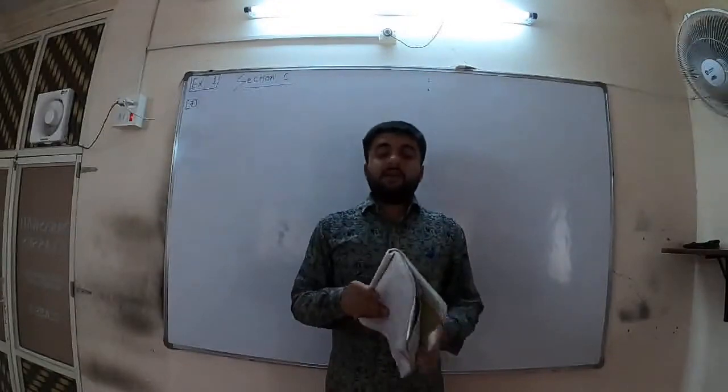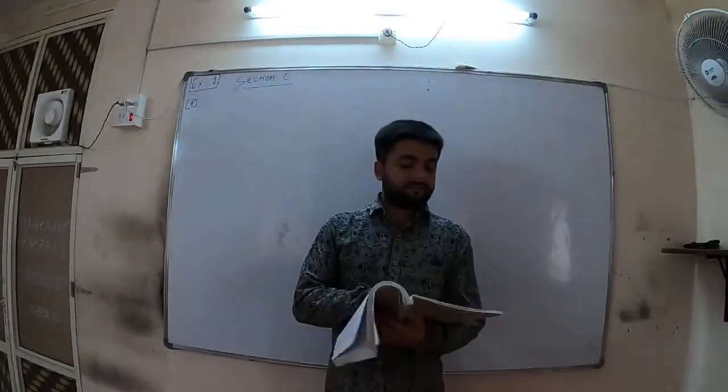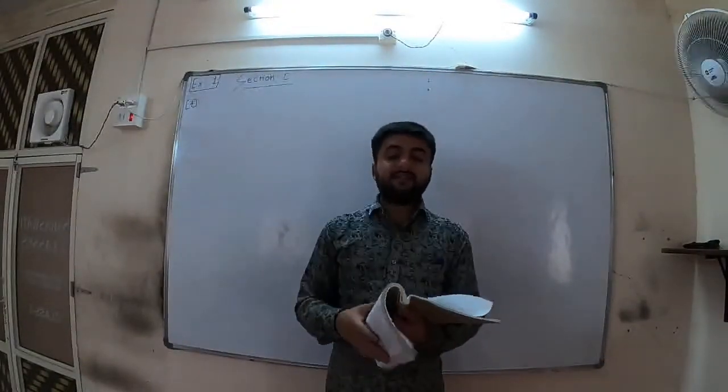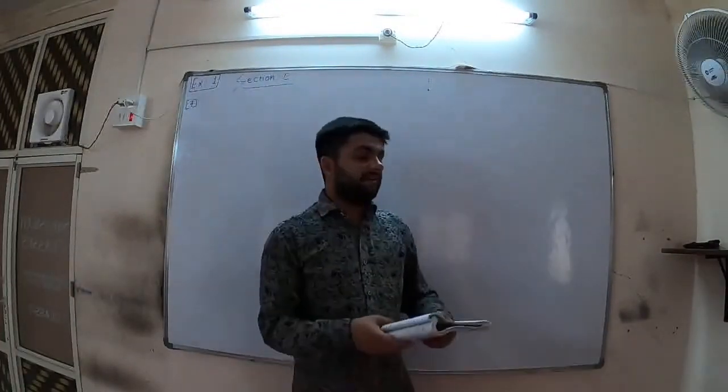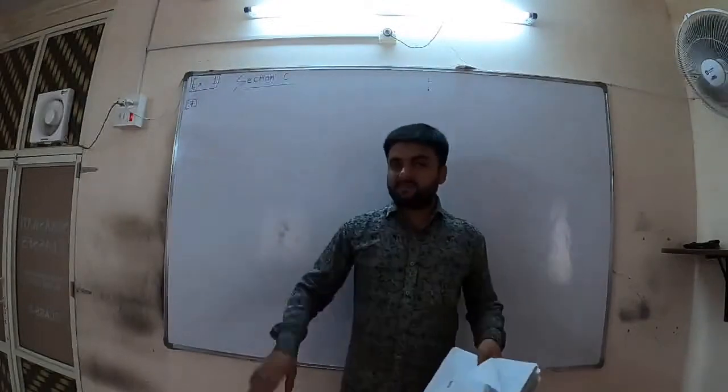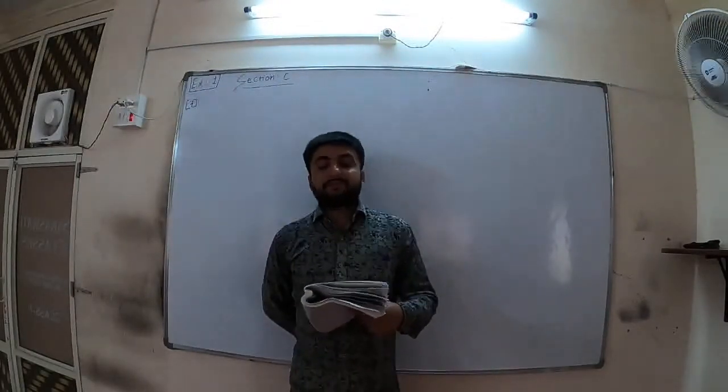I am reading the sums. Now the sums which are in section C and section D which we are going to solve today, everything is important. Okay, we are only doing the important sums, the repeated sums we are not going to do. Okay, now sum number 7.